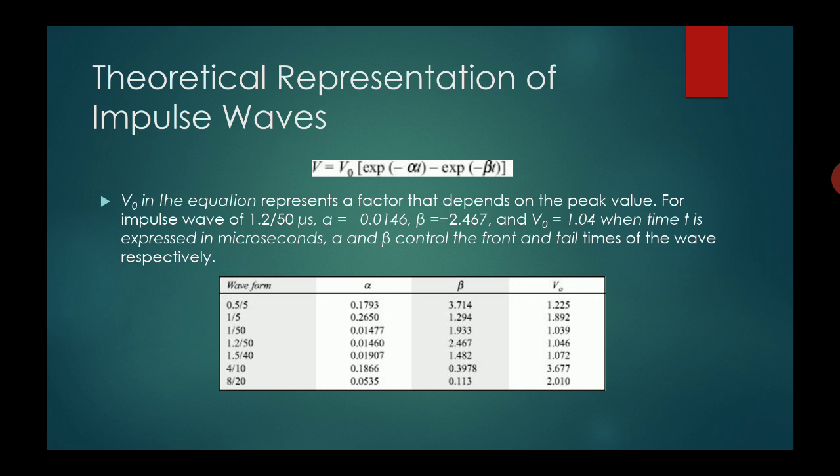These are the different waveforms with different alpha, beta and V naught given. So you can understand how these waveforms, the impulses, are named. This naming can be done in terms of alpha, beta and V naught.